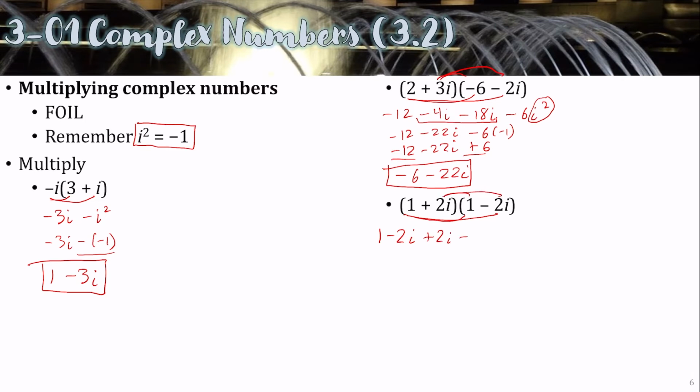And last is 2i times negative 2i, which is negative 4i squared. Those will cancel out, and the i squared becomes negative 1. So this is 1 plus 4, which is 5. Wow, look at that. We multiplied and the i's disappeared.